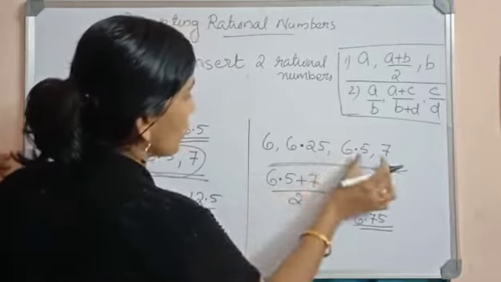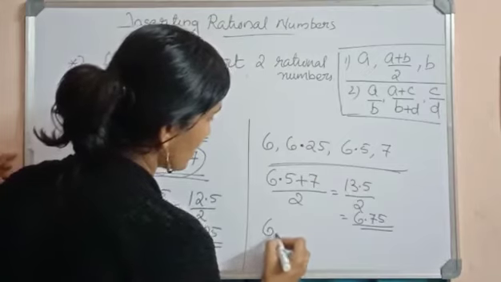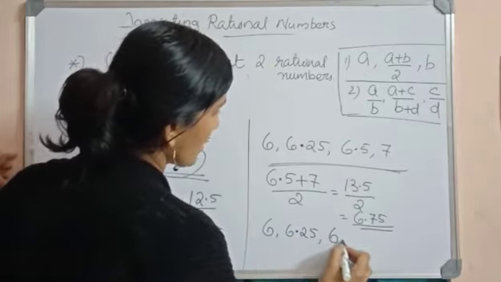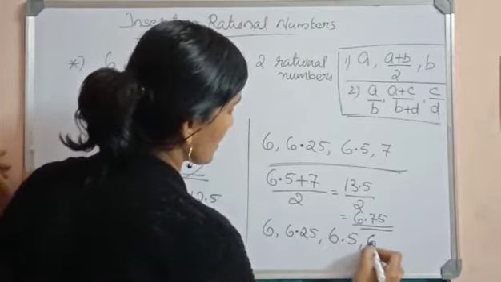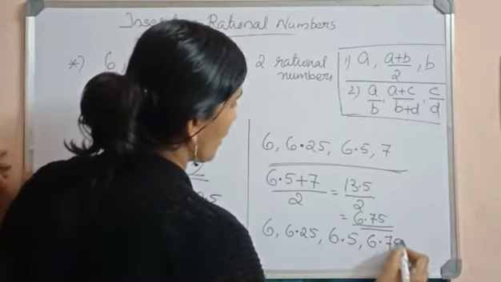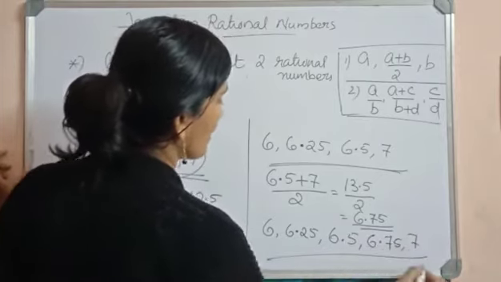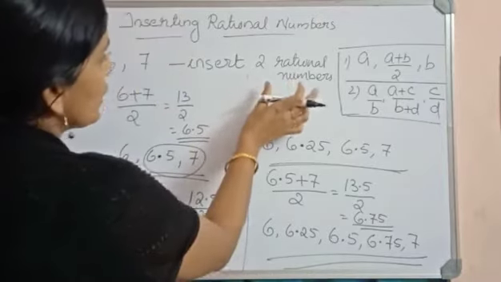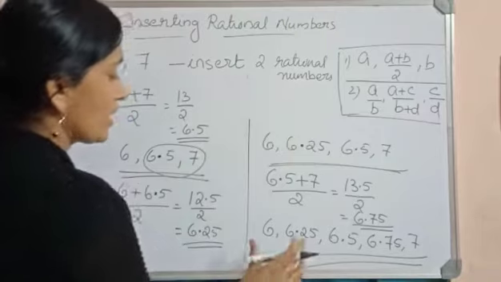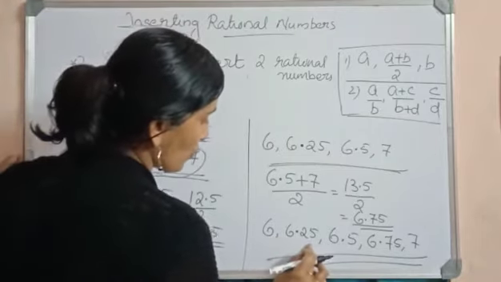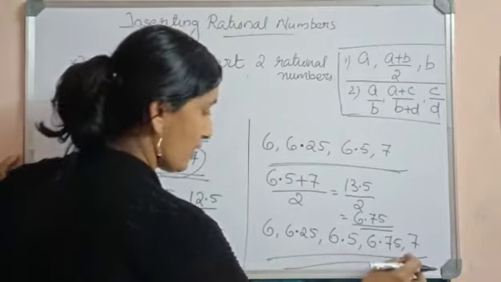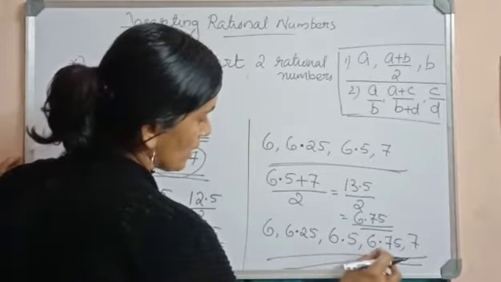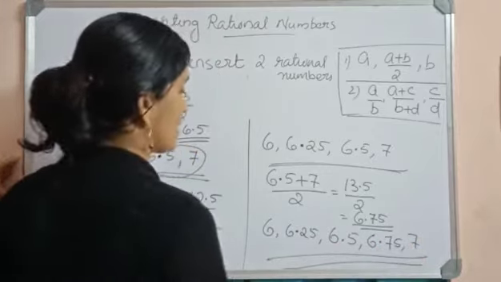So you will write this as 6, 6.5, 6.75, 7. These are the numbers we are getting. Here the question is to insert only two rational numbers. So you can write either 6, 6.25, 6.5 and 7 as your answer, or you can write 6, 6.5, 6.75 and 7 as the answer.